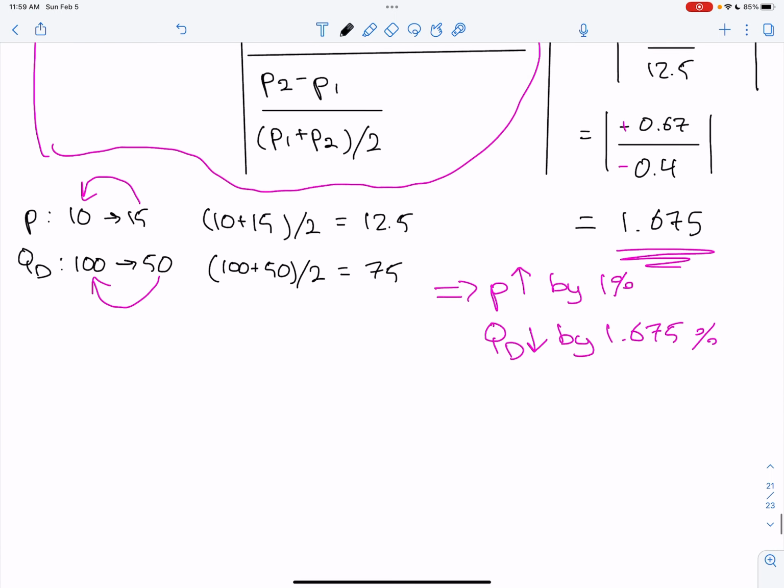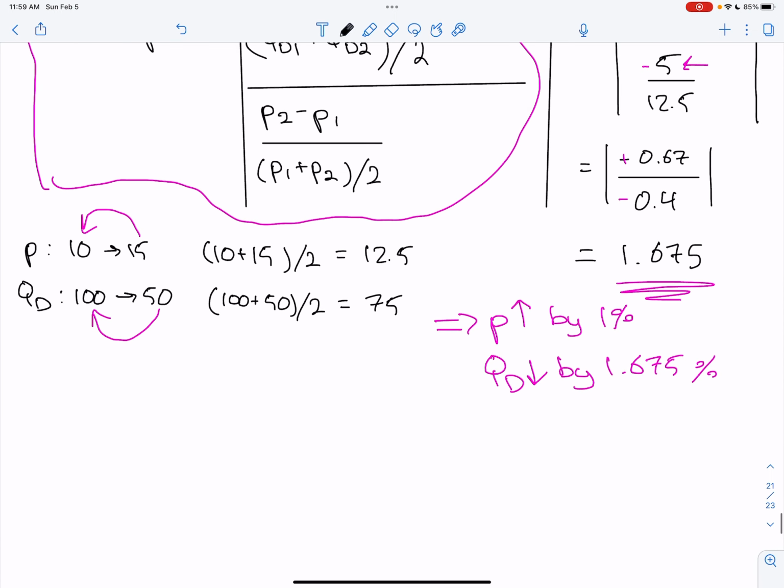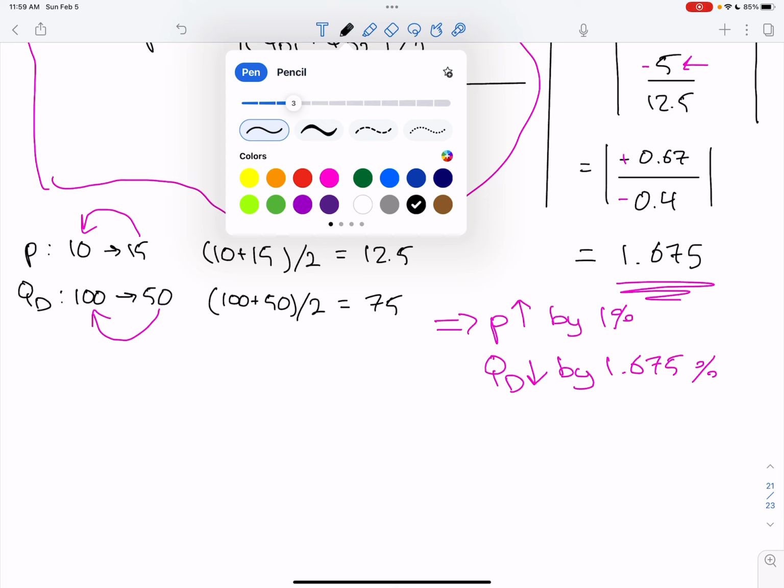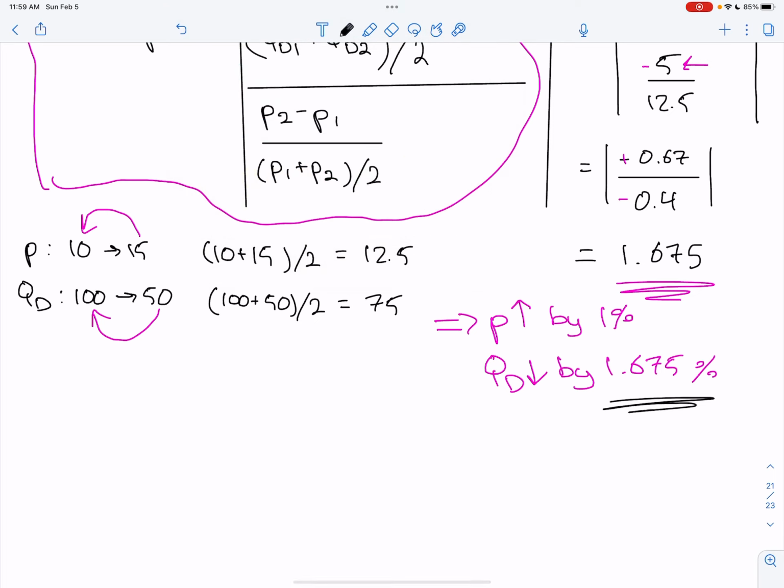In our previous example, we got that price elasticity of demand was 1.675, right? And we said that what that meant essentially was that when price went up by 1%, our quantity demanded would go down by 1.675%.